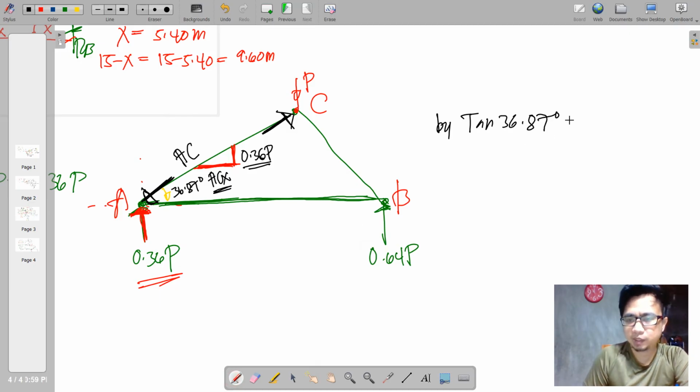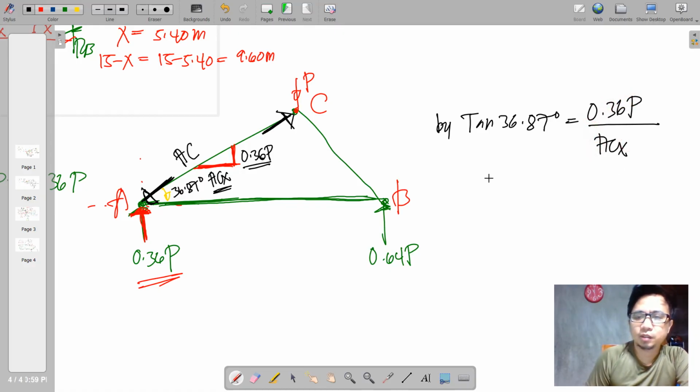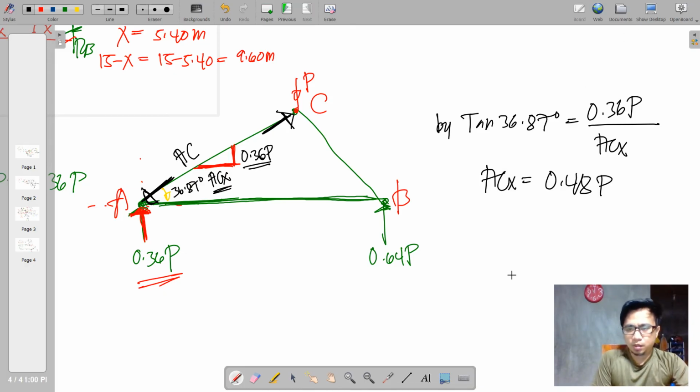Opposite to that angle is 0.36, adjacent is ACX. And hence, ACX will be computed directly, in which ACX is found to be 0.48 of P. So we can place it here, 0.48 of P.